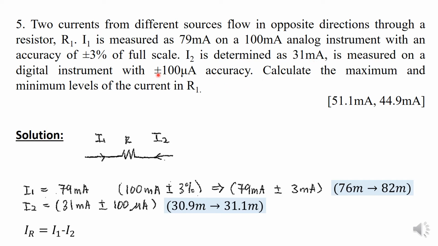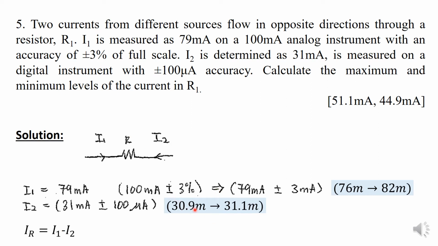I2 is 31 milliamps with the accuracy of plus minus 100 microamps. So 31 milli plus 100 micro, we get 31.1 milli. 31 milli minus 100 micro, we get 30.9 milliamps.